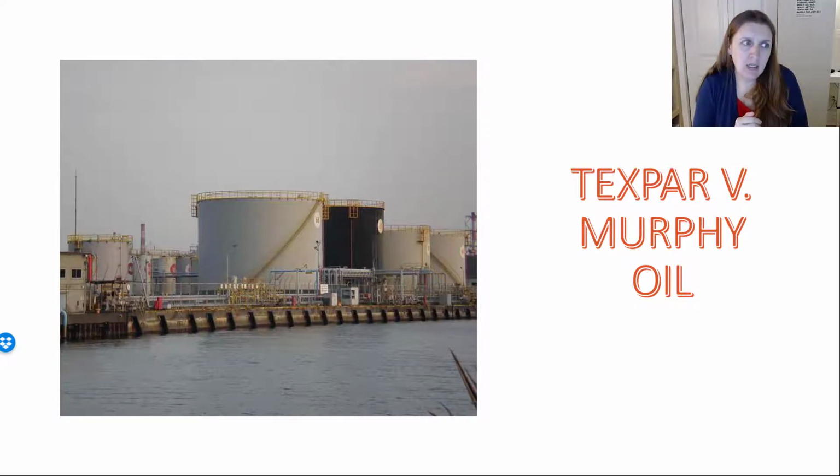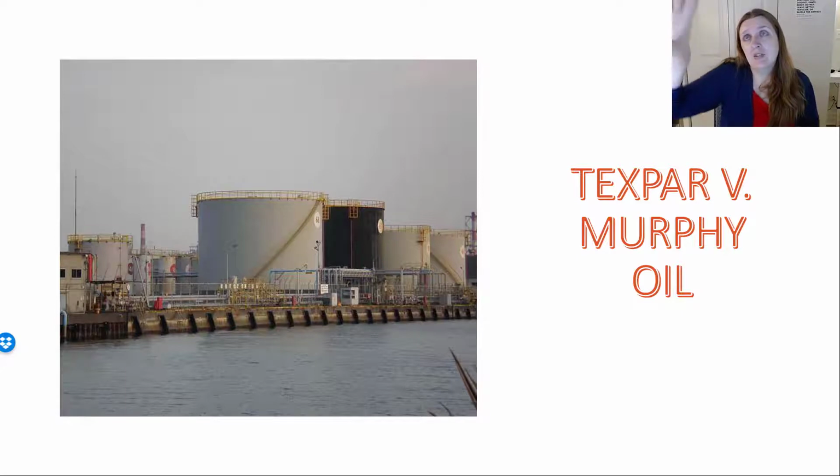Texpar agrees to pay the difference between the $56 a ton that it was going to sell to Starry at and the $68.50 a ton that Starry eventually ended up negotiating with Murphy Oil.